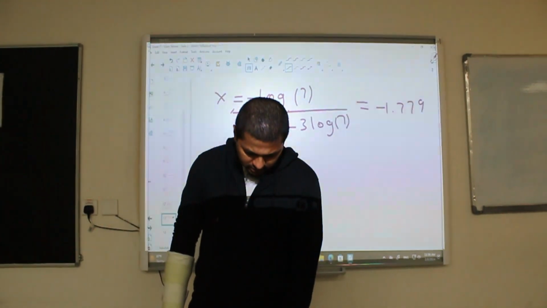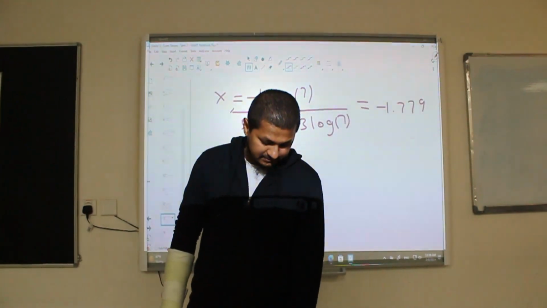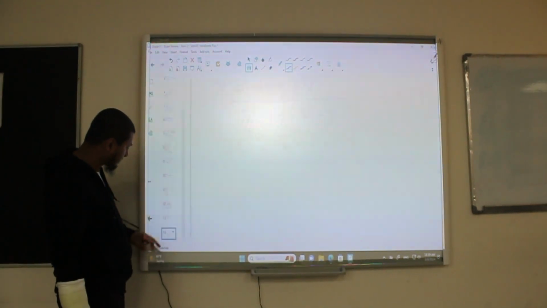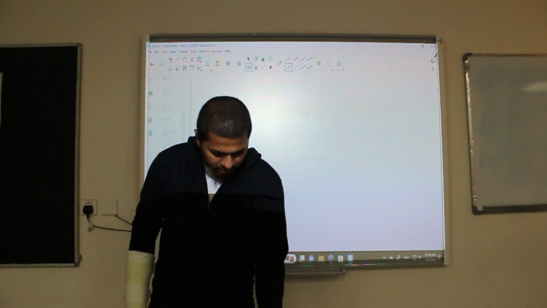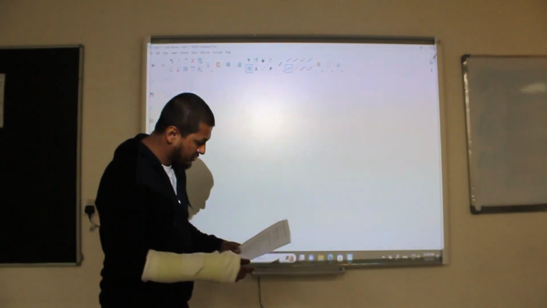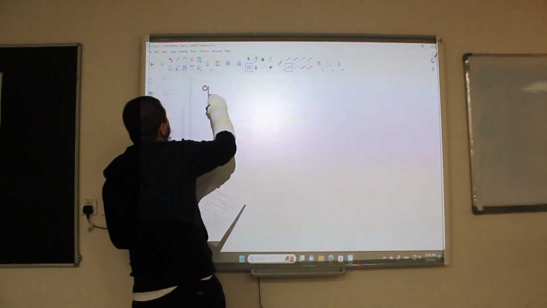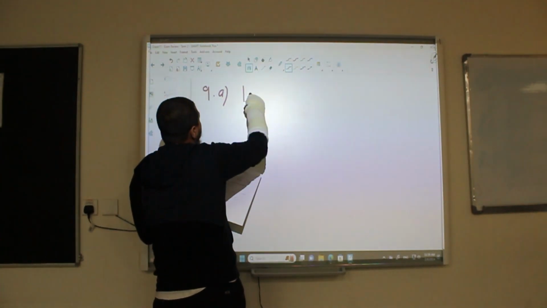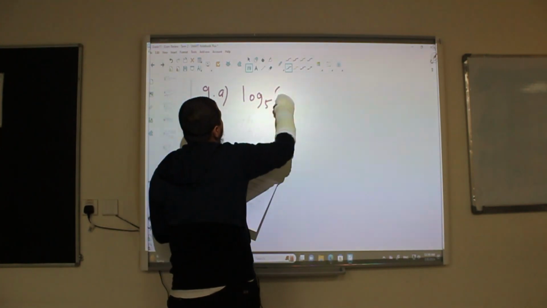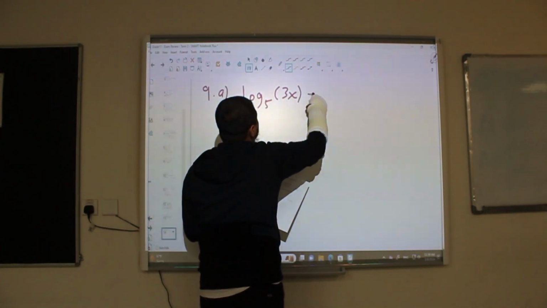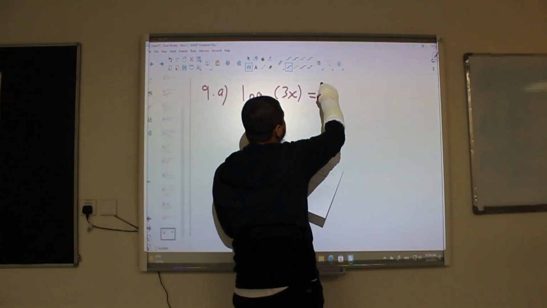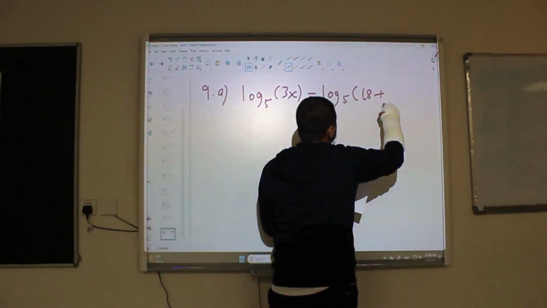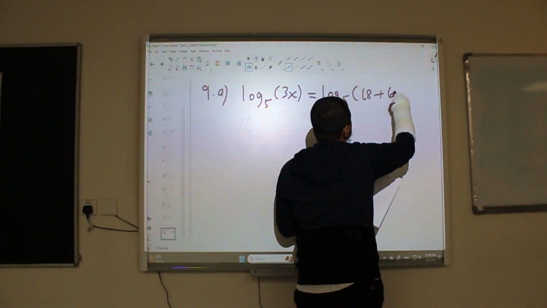Question number 9. Let us solve question number 9. We want to solve the log equations, 9a. We have log base 5 of 3x equal to log base 5 of 18 plus 6x.